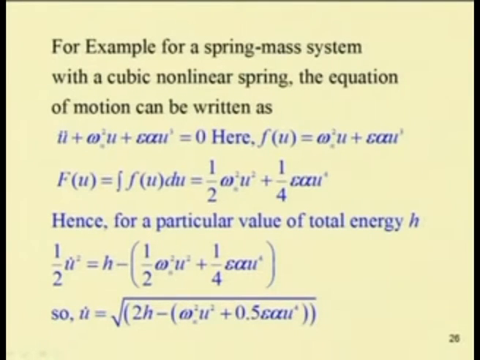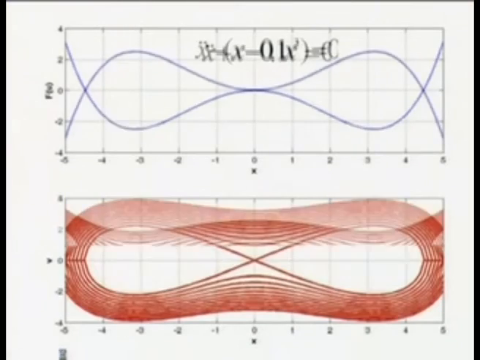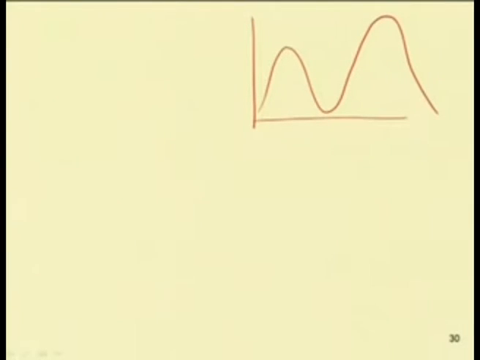For the spring mass system we have plotted this thing. Here more different examples have been shown. Let us draw one more potential well and see how it will behave in this phase portrait.